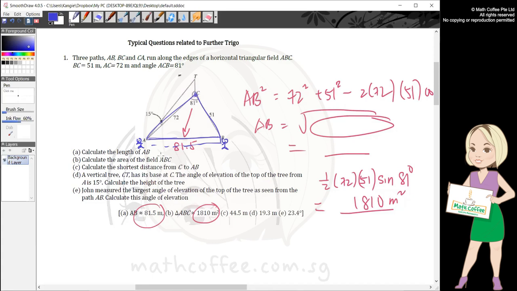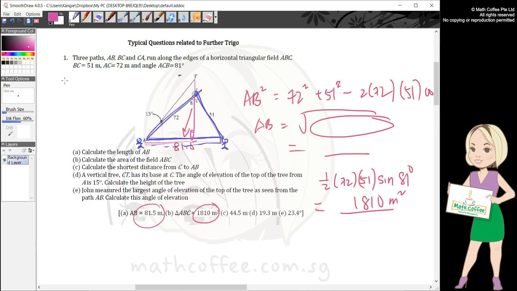You won't walk like that, then walk like that. Actually, the shortest distance I walk is from here, I cut across. And when I cut across, actually it is a perpendicular. This is called the shortest distance. You understand? It's the perpendicular distance from the path you are walking along to the nearest point C. So it's the perpendicular distance.